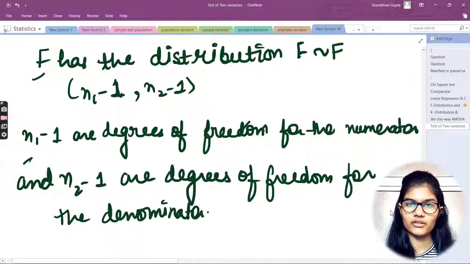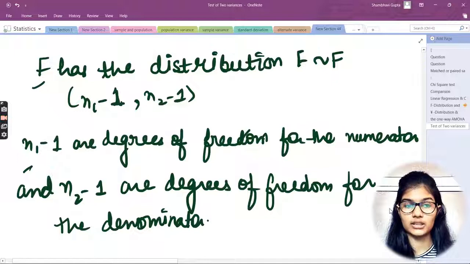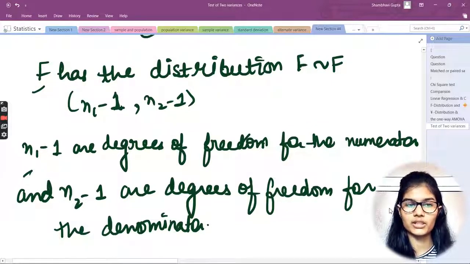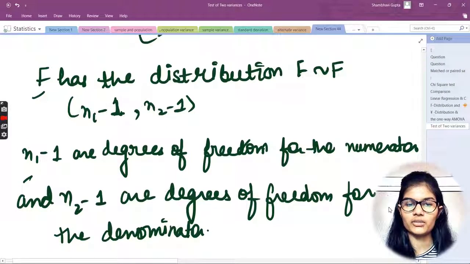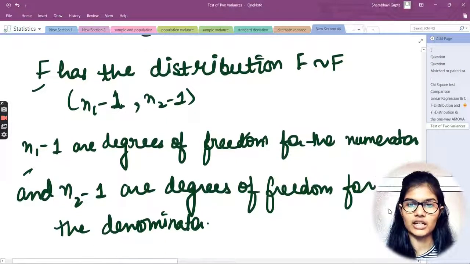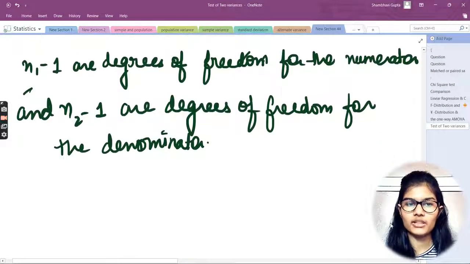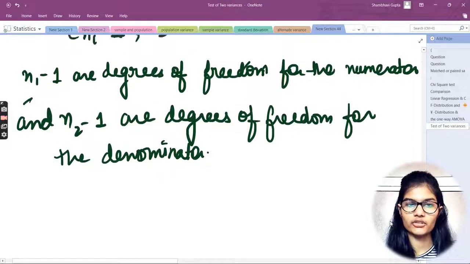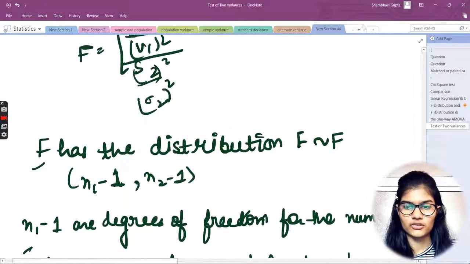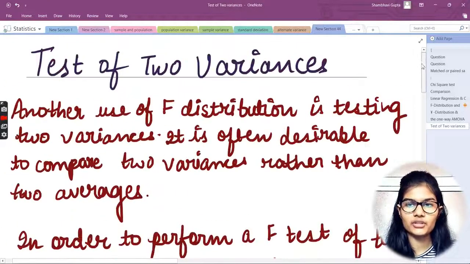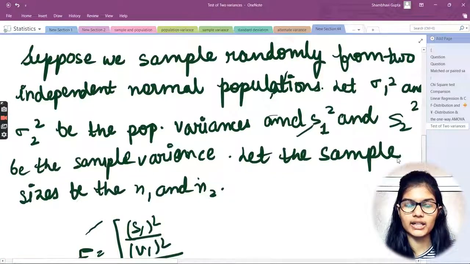It has a distribution F with N1 minus 1, comma N2 minus 1. N1 minus 1 are the degrees of freedom for the numerator, and N2 minus 1 are the degrees of freedom for the denominator.